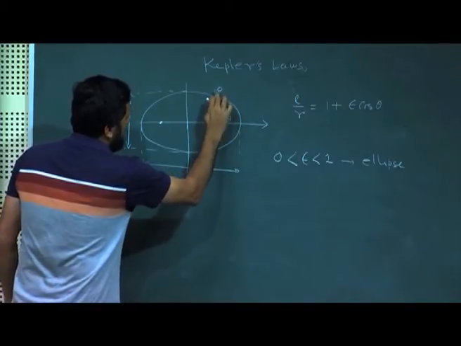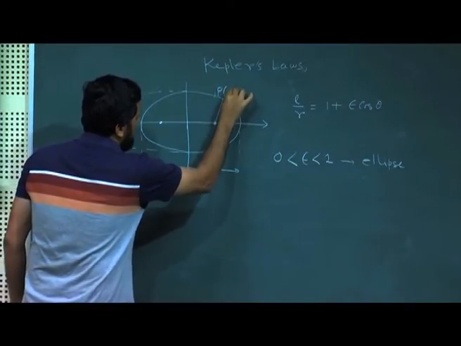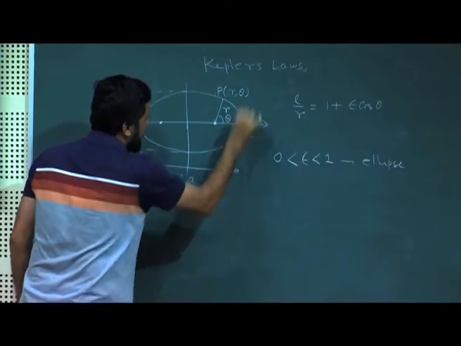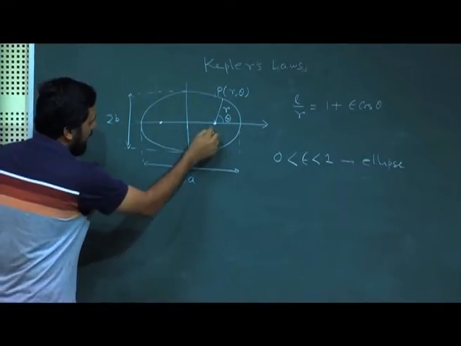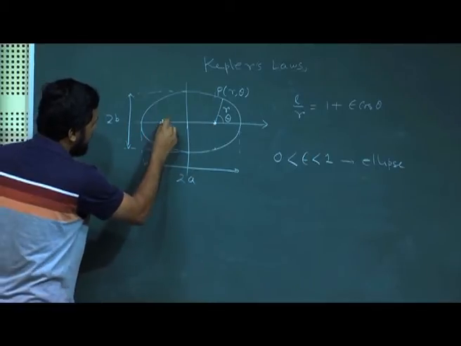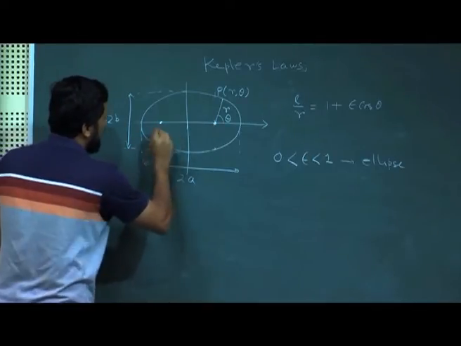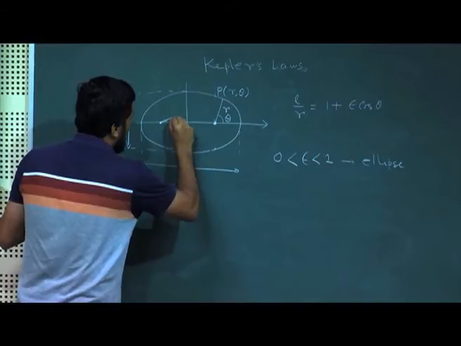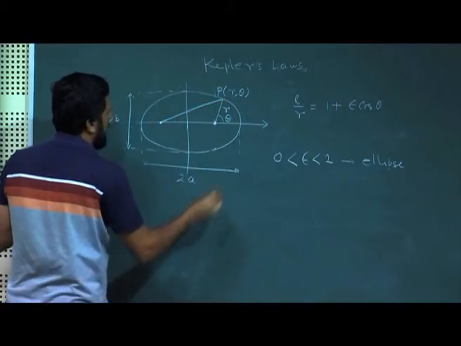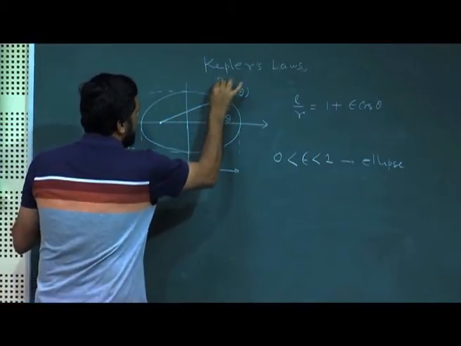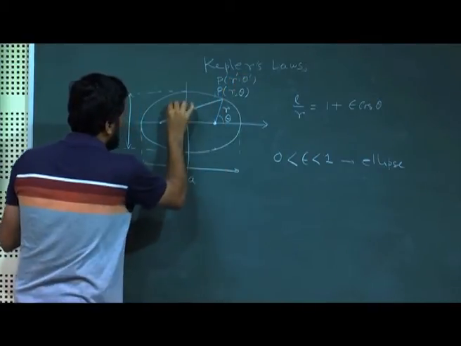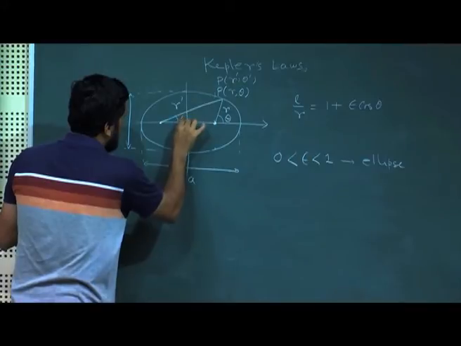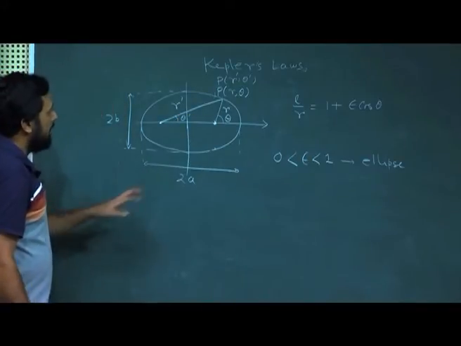If the position of this point P is r theta, when we have the origin at this focus, and if we shift the origin to this other focus, we have a coordinate which is given by P r prime theta prime. So, this will be your r prime and this will be your theta prime.